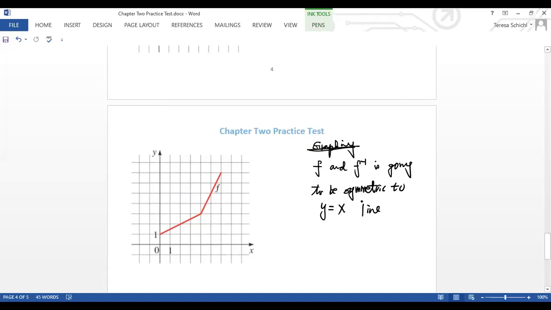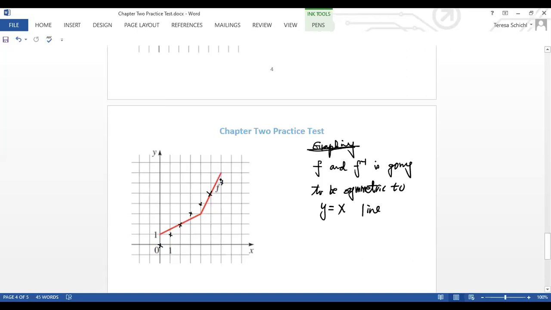So what is the y equal to x line? That is the diagonal passing through the origin at 45 degrees. So let's try to graph y equal to x. Here 2, 2, then 3, 3, then 4, 4, then 5, 5, and 6, 6 here, right?